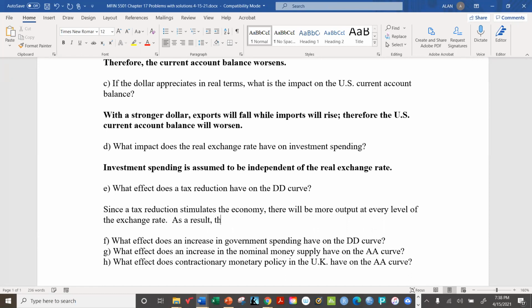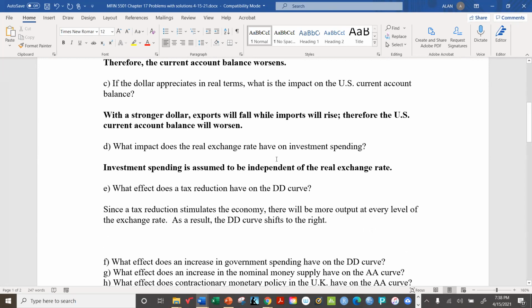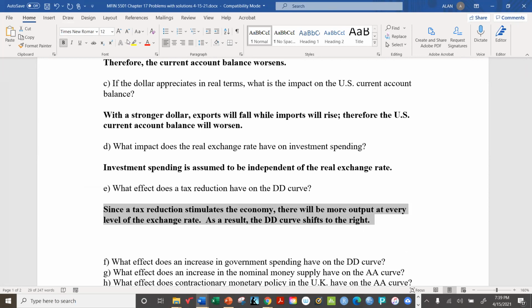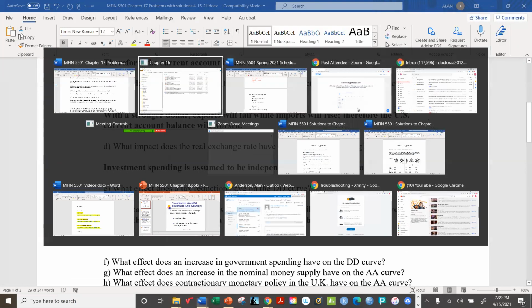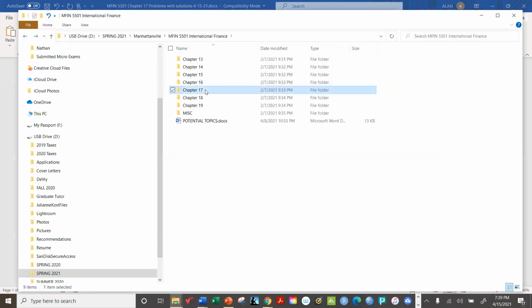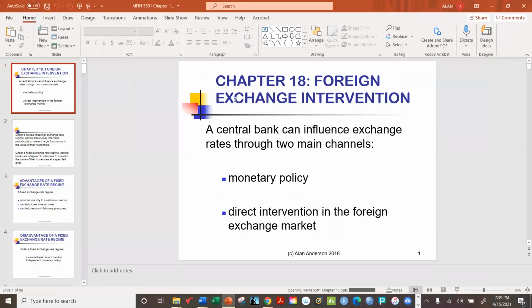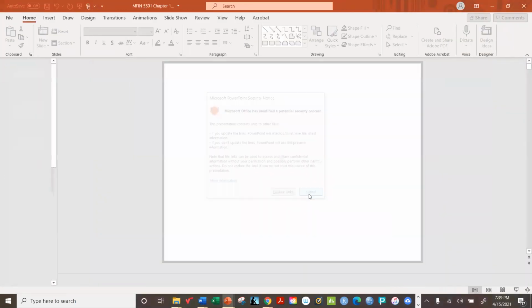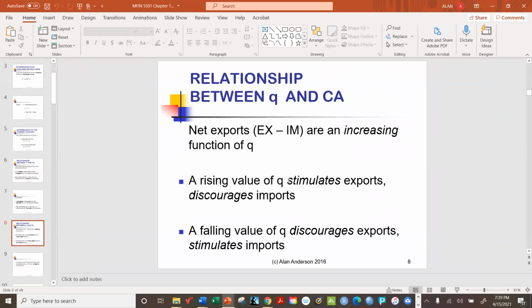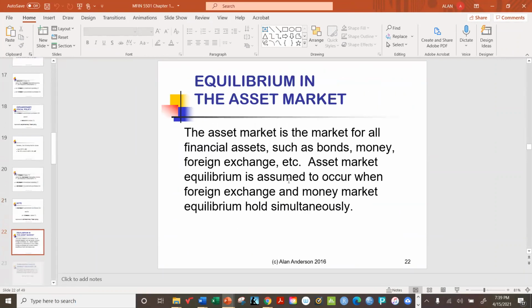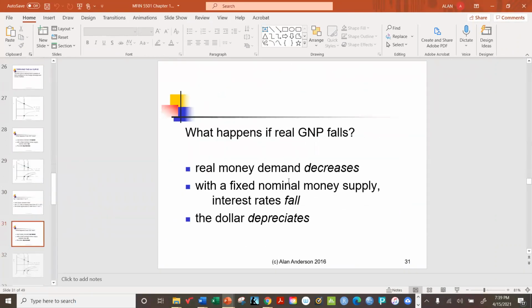As a result, the DD curve shifts to the right, because it is being stimulated. Now, if you've forgotten, we can go back to chapter 17 and review some of these graphs, which we probably should do anyway. Here we are.